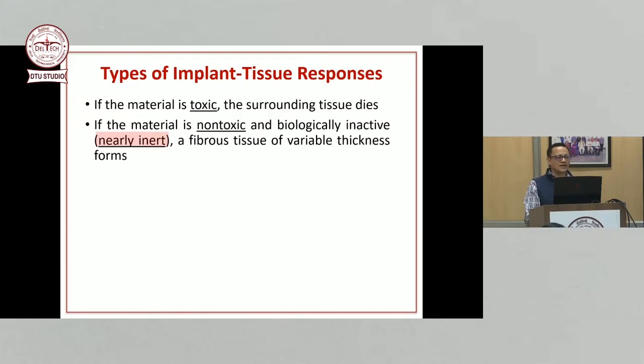If the material is toxic, the surrounding tissue will die, right? If the material is non-toxic and biologically inactive, almost inert, fibrous tissue forms around it. You can imagine an inert material in the body is seen as a foreign object, so the body wants to form a fibrous capsule around it, trying to separate it from the body, right?